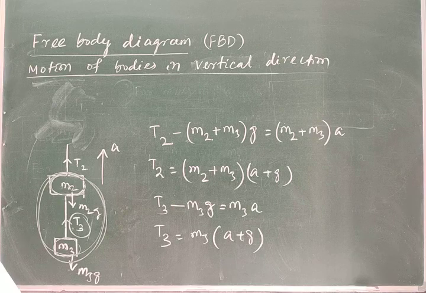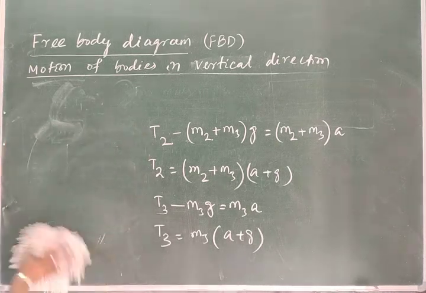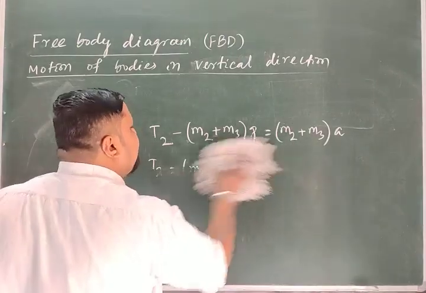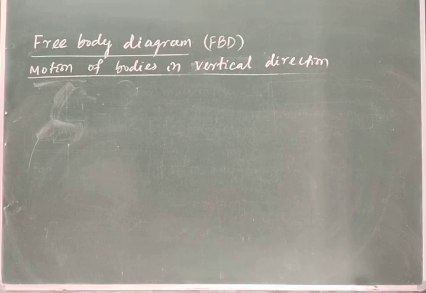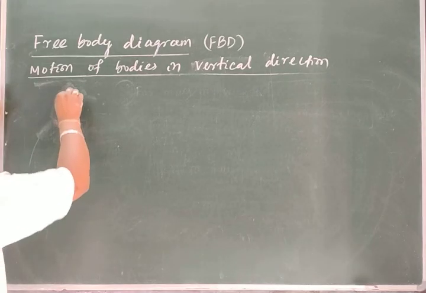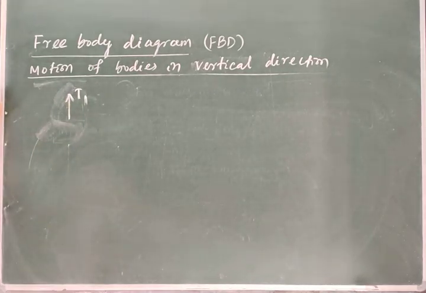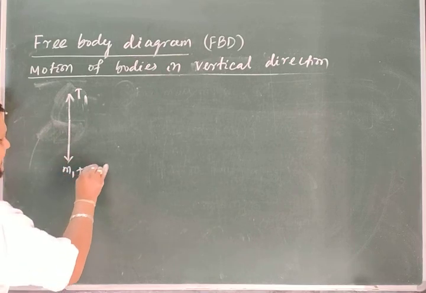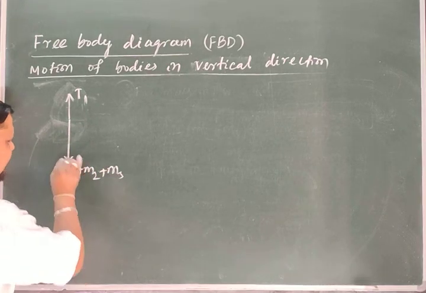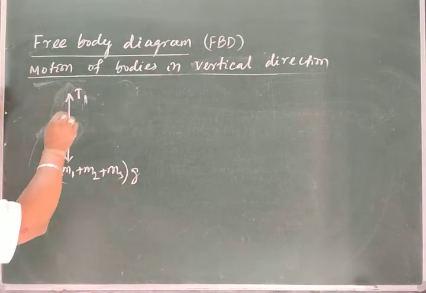Okay. So when the whole system is stationary, suppose in the same case the whole system is stationary, then what will the expression be? If the whole system is stationary, then we can say what? The whole system is stationary means in upward to the whole system tension T1, the total weight of the whole system is M1 plus M2 plus M3 into G. I can say the internal forces are like this.